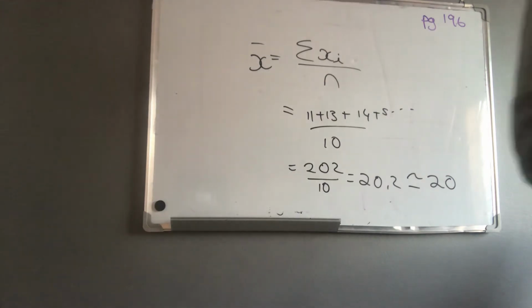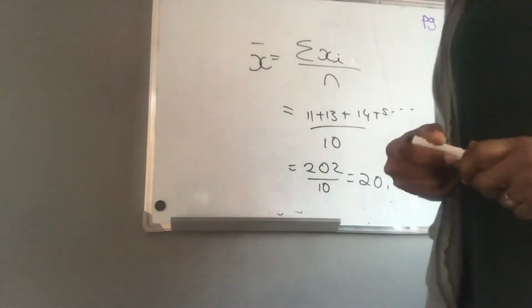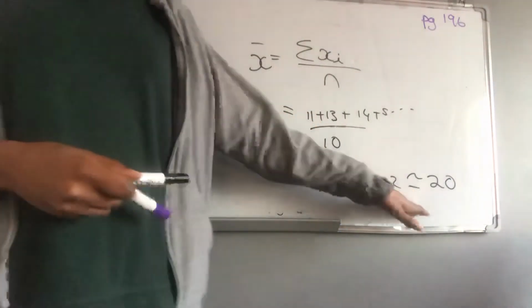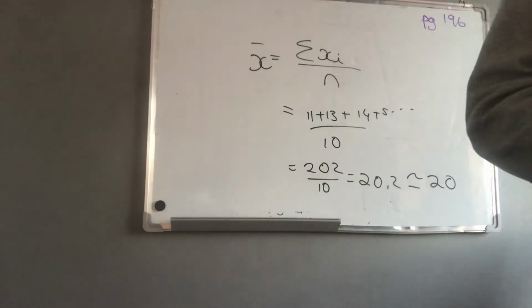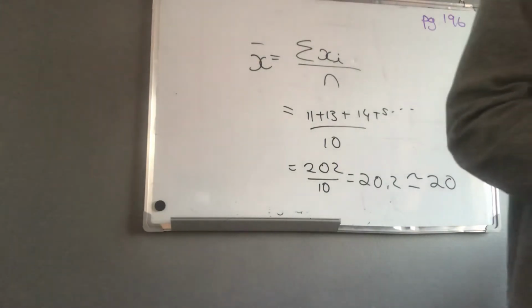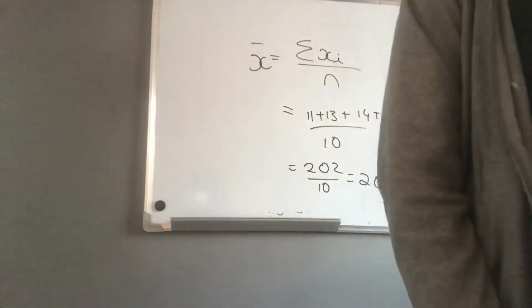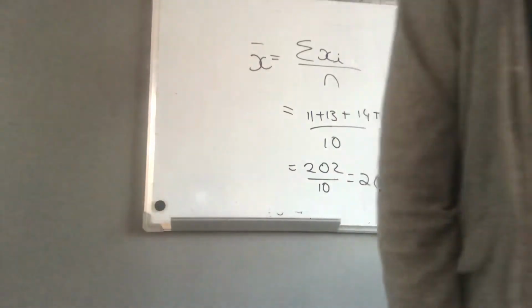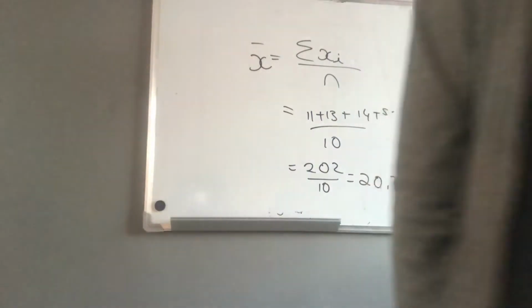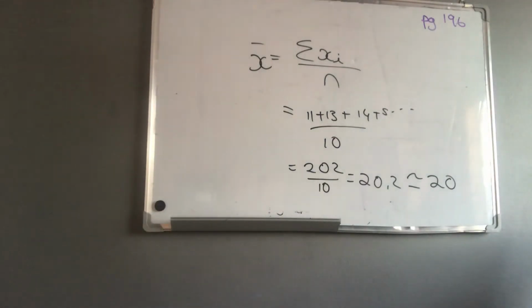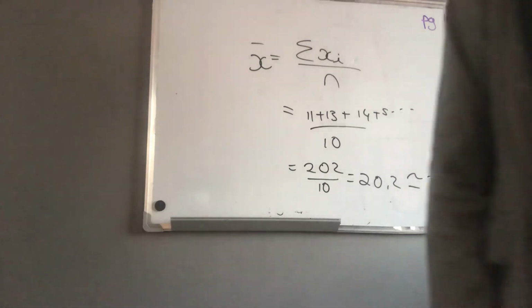The next question says, which measure of central tendency would be a better indicator of the team's chances of winning the playoffs? Okay, so we could go with this measure of central tendency, but if you look at the results, there could be something misleading, because here we have an outlier of 58. 58 is a very extremely high number of goals to score in one match, and if you look at the other numbers, they are much lower than 58.